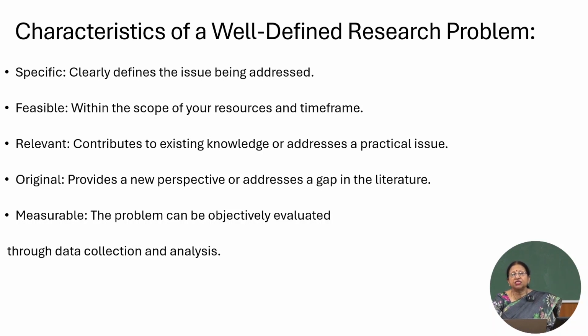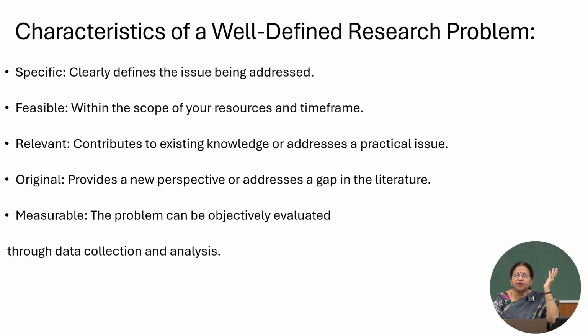So what it means is that we have to know what exactly is a well-defined problem. It has to be very, very specific. It should be doable, which means feasible. It should be relevant in today's time.